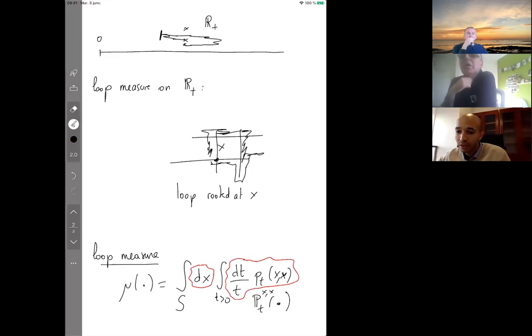So you have a loop rooted at x, and now I don't care about the starting point and the ending point of a loop. I root my loop at the minimum. And I want to understand what the loop measure is when I root my loop at the minimum of the loop. Is it okay? Okay, so I'm going to describe the loop measure when I do that.